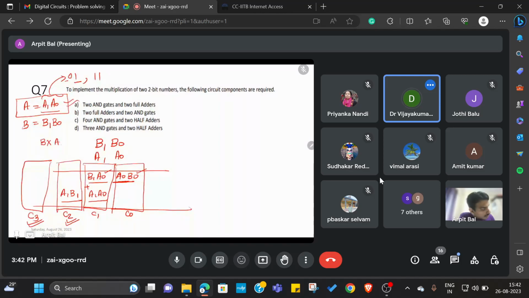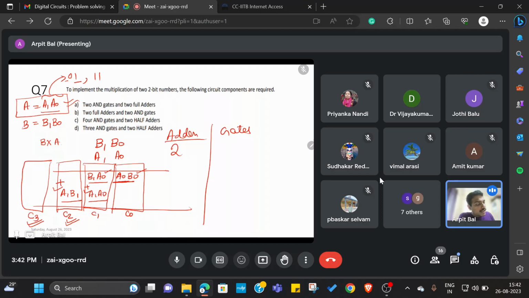We need an addition if there is a carry from c1, from the second bit to the third bit, so we may have to perform a half adder addition. Correct. So here we can see that we need two adders, right? Let me write it as adders and gates.